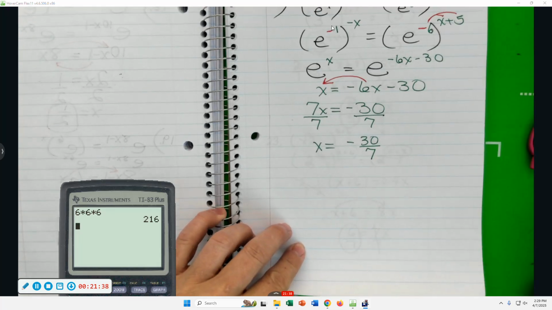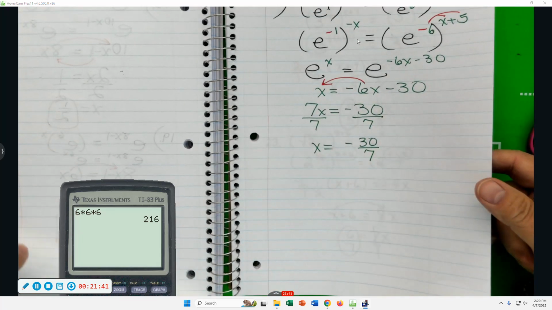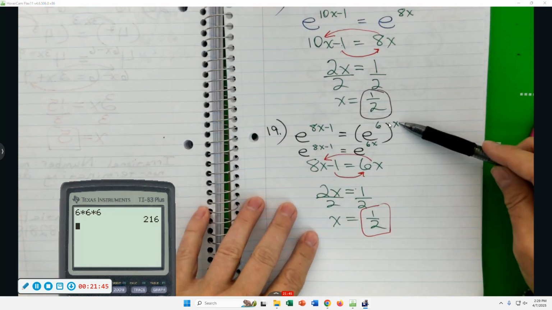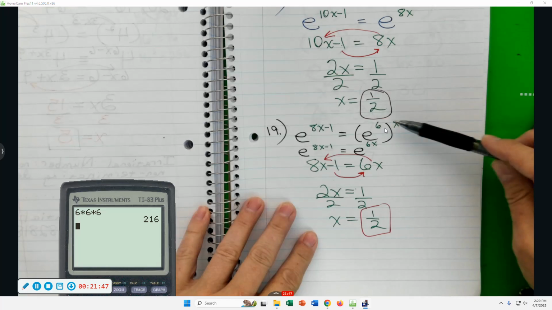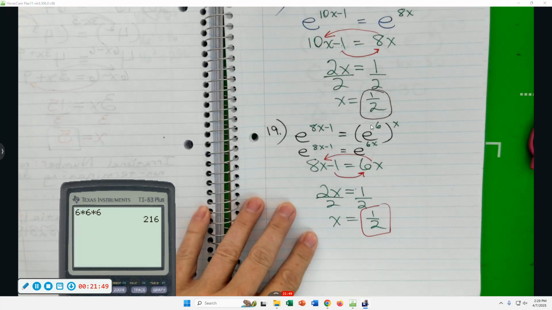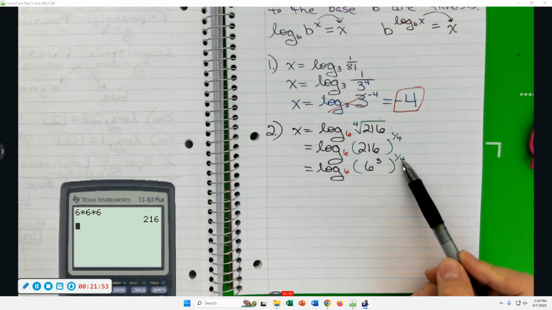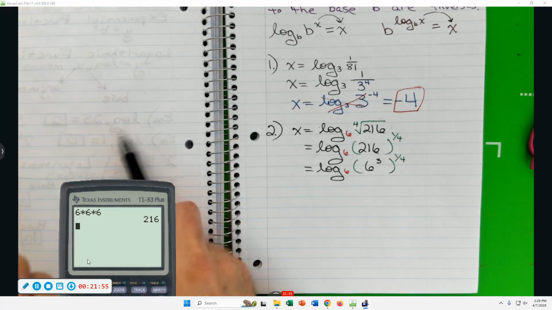It's called the power rule of exponents. What do you do when you have a power? Here we had an e to the 6th raised to the x. A power raised to a power: multiply. 3 times 1/4 gives me 3/4.